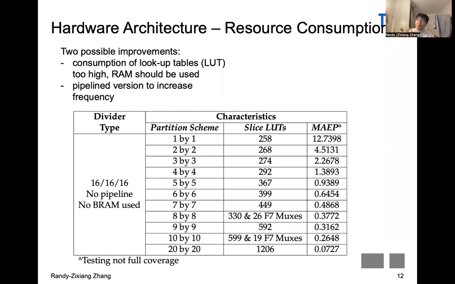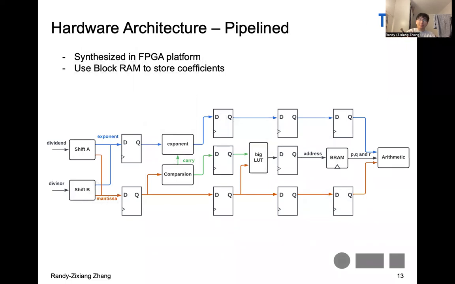The second is that until now, this is a whole combinational circuit, which we could pipeline by adding registers to further increase its frequency, so we have higher throughput. So this is the design of the pipelined version of this approximate divider.